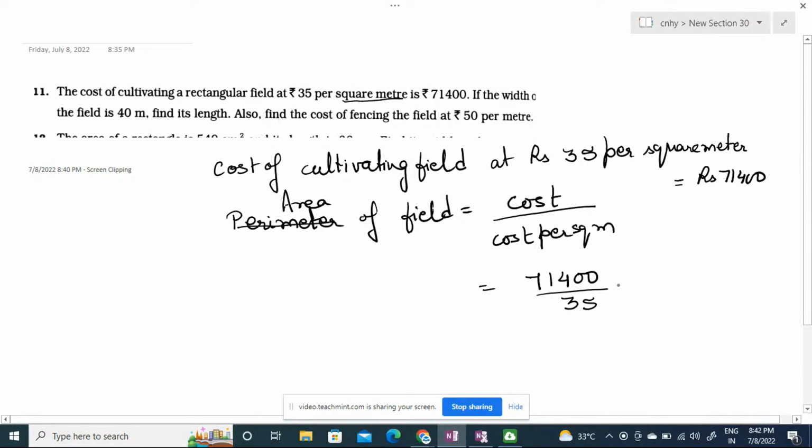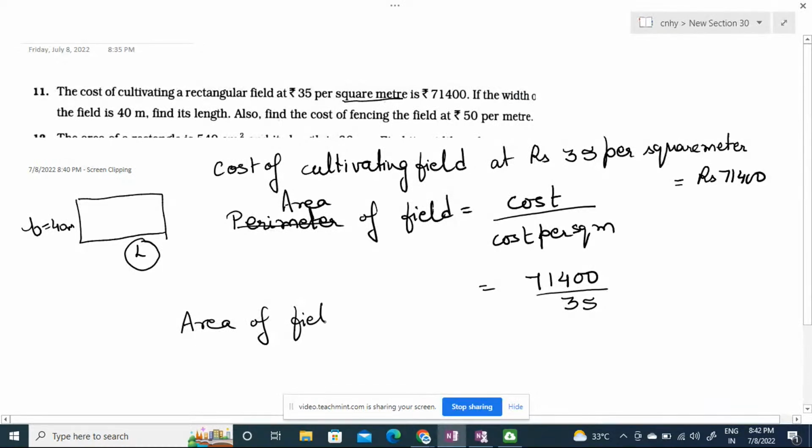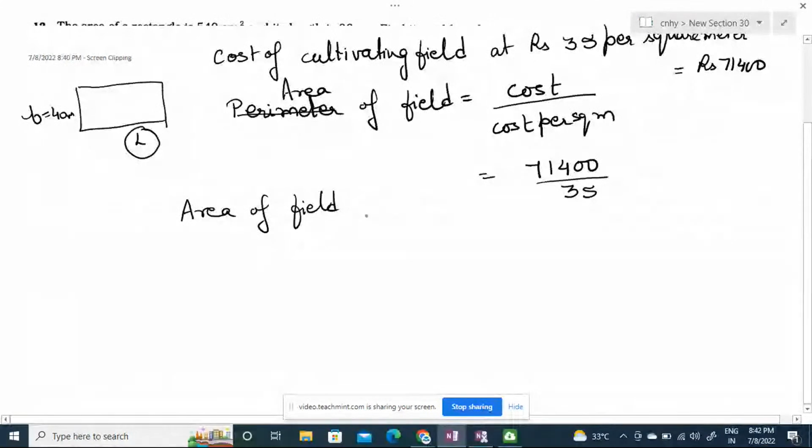Now we have to divide this. This is the area. Now the breadth of the field is 40 meters. For example, this is our rectangular field and its breadth is 40 meters and we have to find its length. The area of the field is length into breadth.